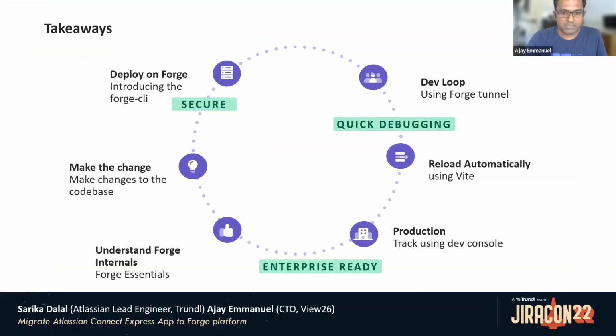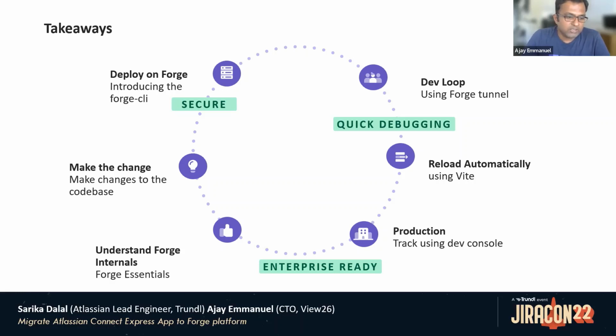Getting to the final slide, we'll wrap up today's session by looking at what we all covered. You saw how a Connect app could easily be ported to the Forge platform using the sample application shown by Sarika.